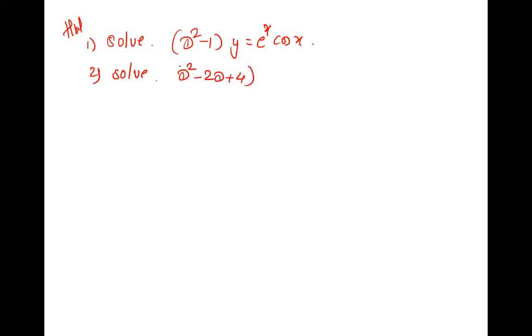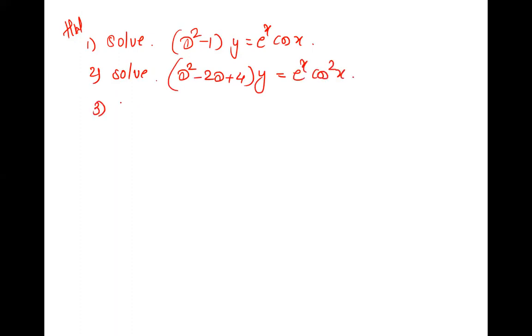Solve D squared minus 1 y equals e raised to x cos x. Second, solve D squared minus 2D plus 4y equals e raised to x into cos squared x.